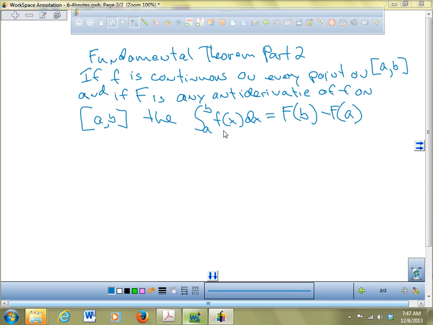Okay, so it tells you an algebraic method for evaluating a definite integral, which back in the 1600s when they started developing this stuff, they didn't have graphing.